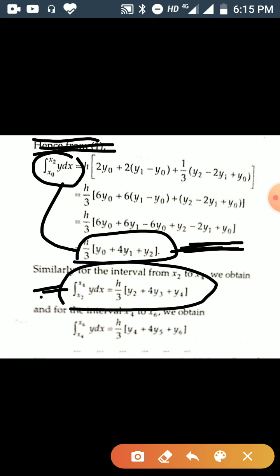Similarly, following this we will get integration x2 to x4 y dx is h by 3 times (y2 plus 4y3 plus y4). And for the interval x4 to x6 we will obtain integration x4 to x6 y dx is h by 3 times (y4 plus 4y5 plus y6), and so on.